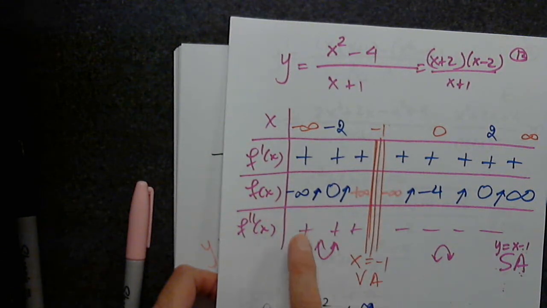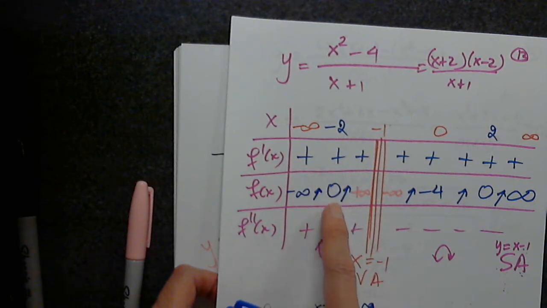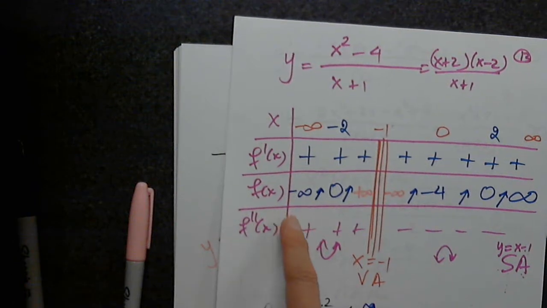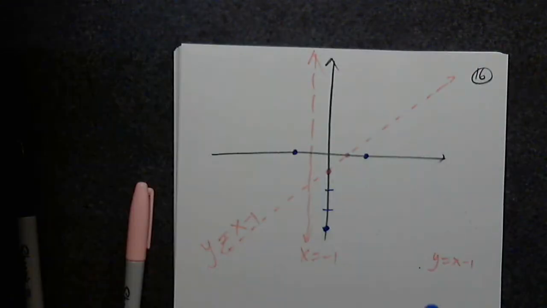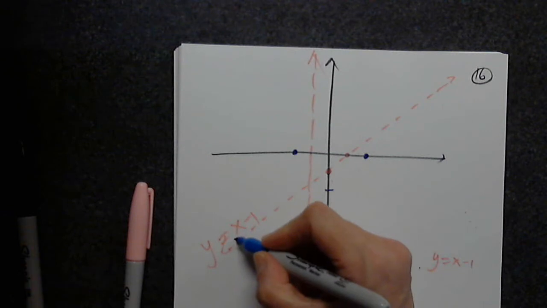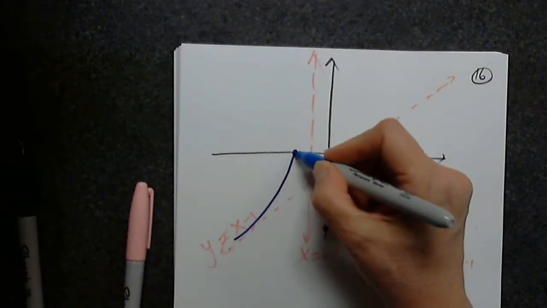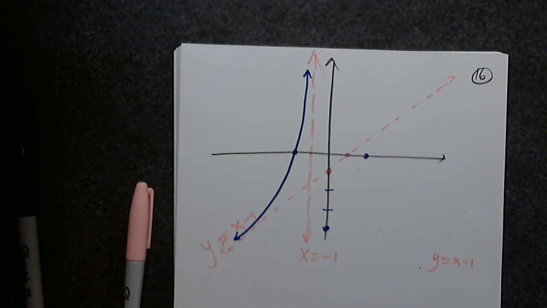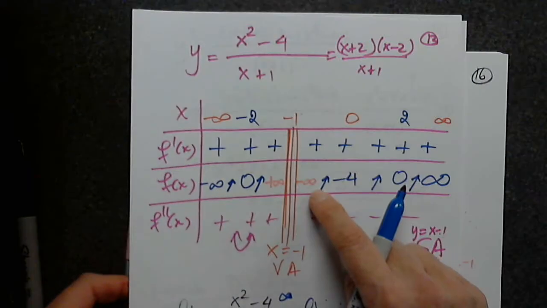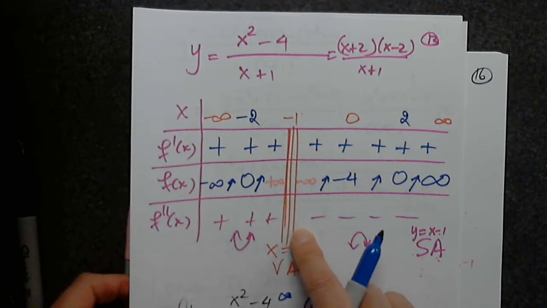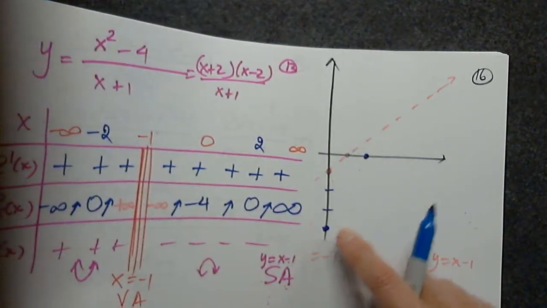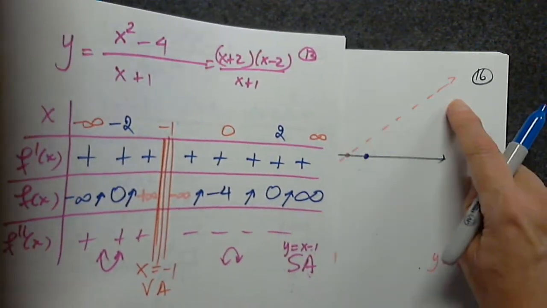And this has to be closer and closer to the slant asymptote. Okay, it's coming from -infinity on the right-hand side of the vertical asymptote, crossing at 0, -4, crossing at 2, 0, going towards infinity.